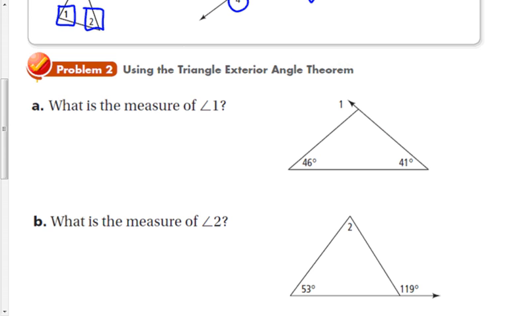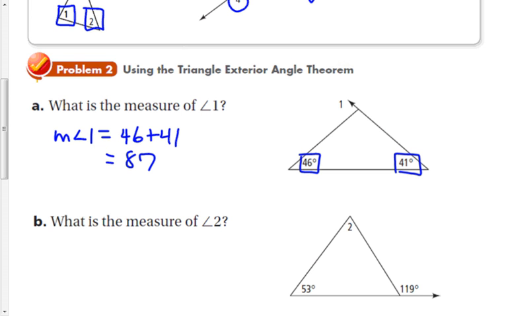It says, what is the measure of angle 1? The theorem tells us that the measure of angle 1 is just the sum of the remote interior angles. So we can just add these two to get the measure of angle 1, and that's equal to 87.